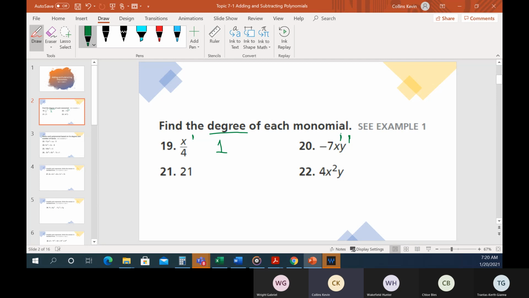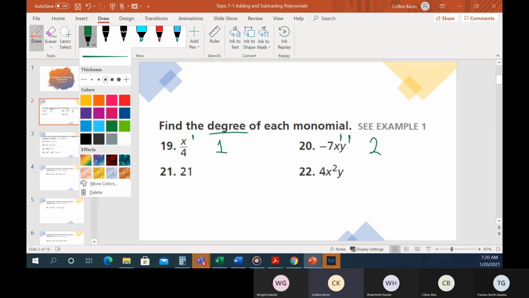So if we add those two exponents together, what's our degree on this guy? Perfect, just add the two together. So this one is a second degree polynomial.